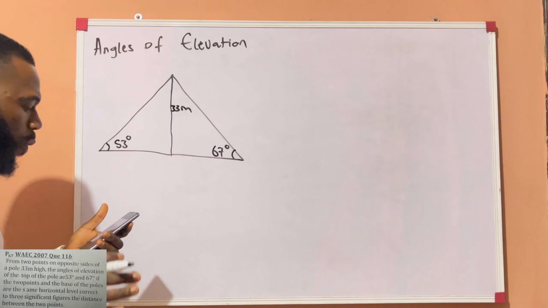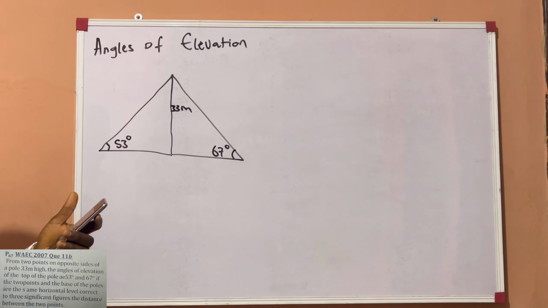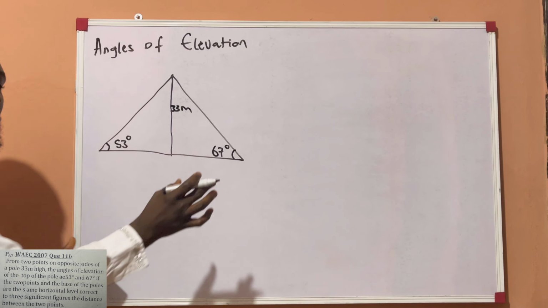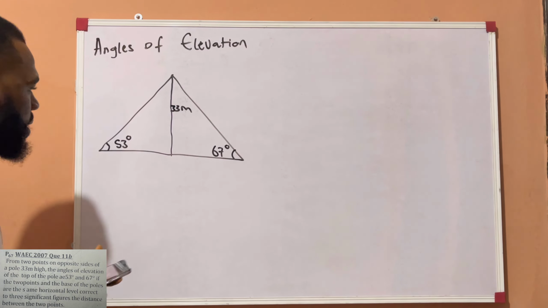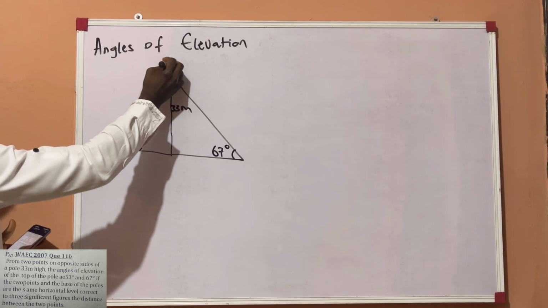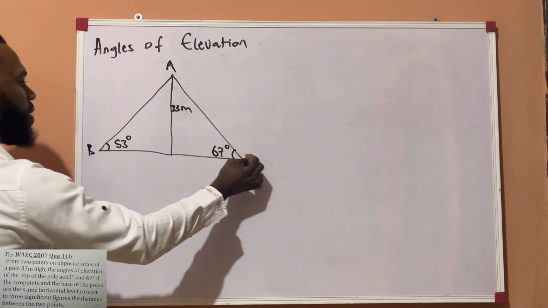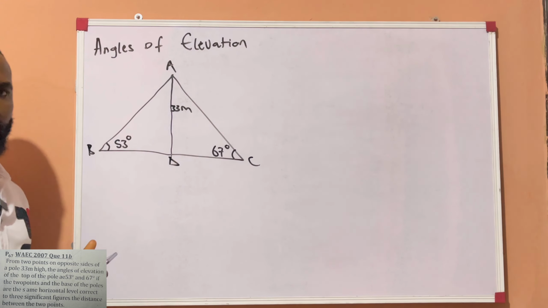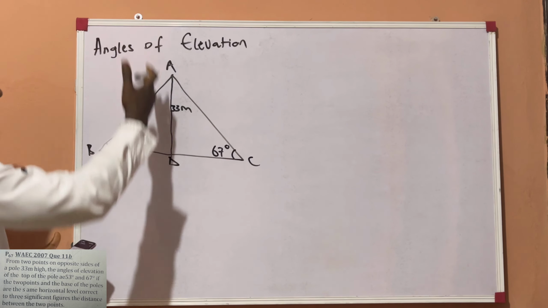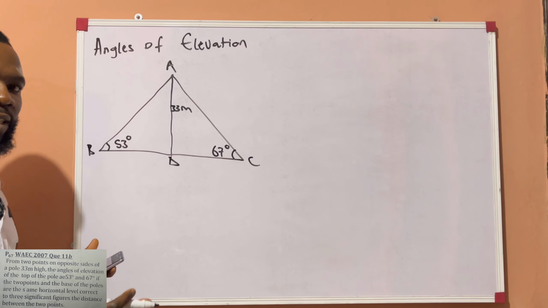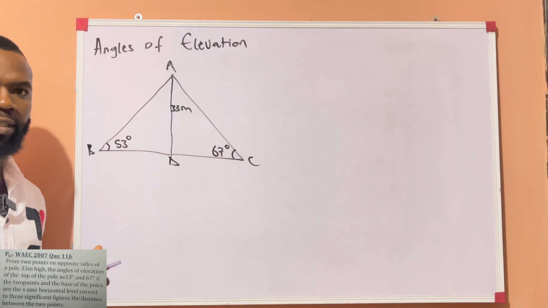Okay, now what are we told to calculate? We are told to calculate the distance between the points. Now let us say this is point A, point B, point C, and point D. Now, line AD is the length of the pole, which is the height of the pole, 33 meters.